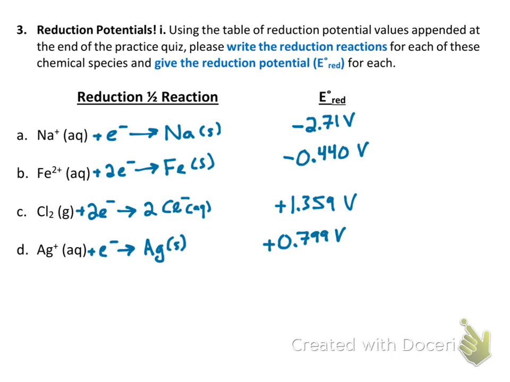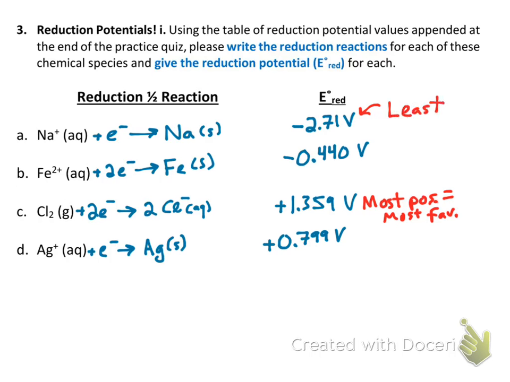The way that we're going to rank them is the one that's going to be the most favorable is going to be the most positive. Most positive equals most favorable. Whereas the most negative one, this right here, is going to be the least favorable.